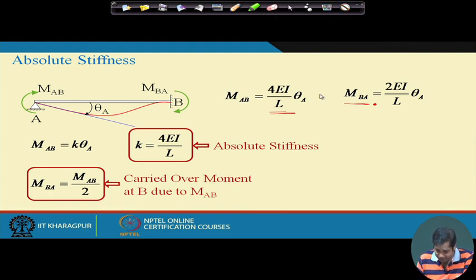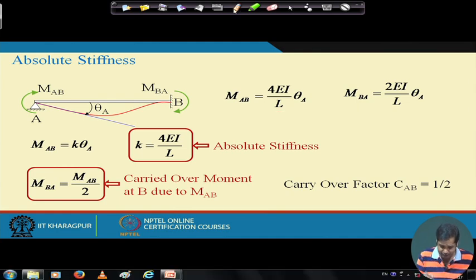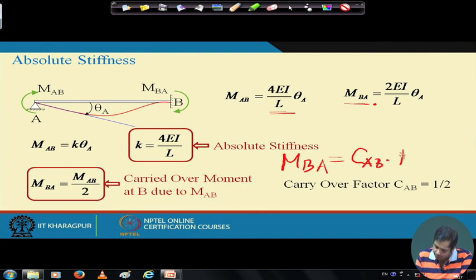Then we can write MBA as CAB times MAB. MAB is the moment at A, and CAB is the carryover factor. In this case the carryover factor is half.